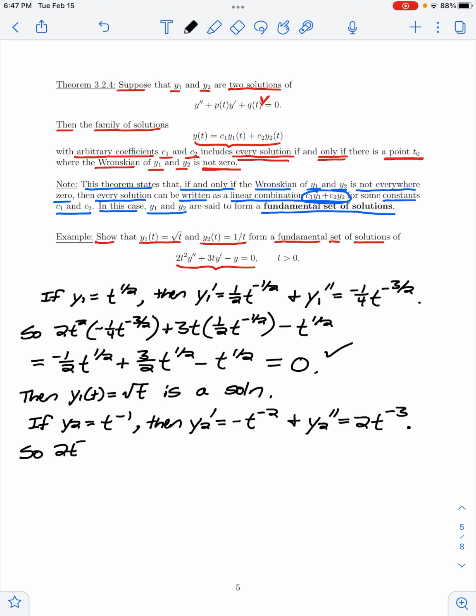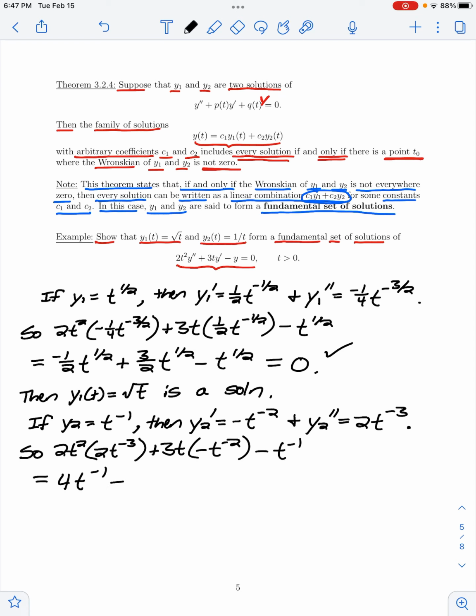We're looking at 2t squared times y double prime, which was 2t to the negative 3rd, plus 3t times y prime, which was negative t to the negative 2, minus y, which is t to the negative 1st power, and we want to see if this is equal to 0. So multiplying those first terms, we have 4t to the negative 1.